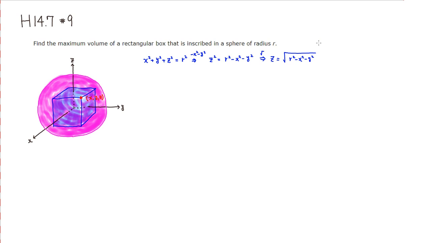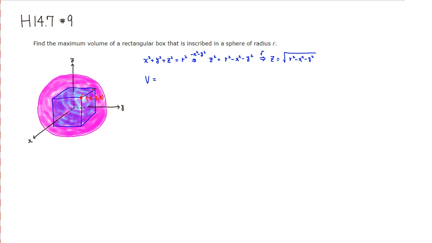All right. Then let's try to find the volume of this box. Let's say we take one vertex with coordinates x, y, z, sitting on this sphere. If the x coordinate is x here, we have x up to the middle point, then x in the back, so the length of this side is 2x.